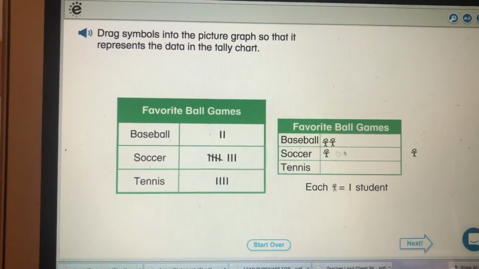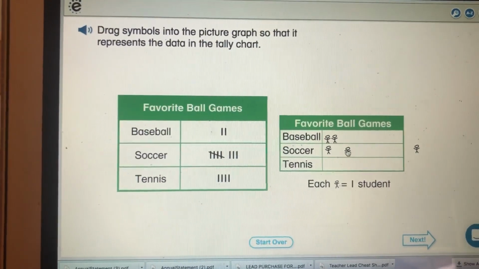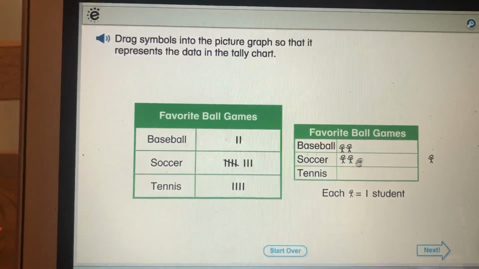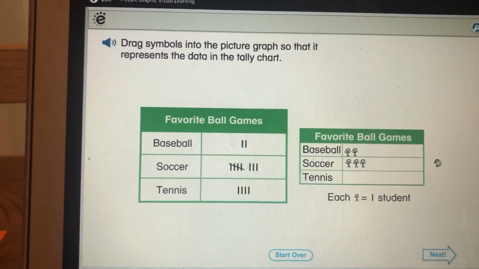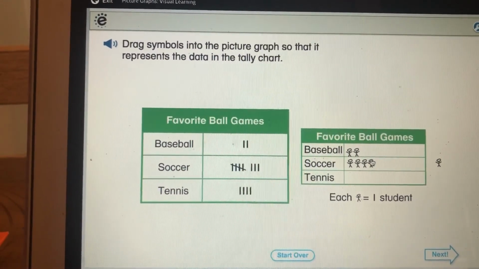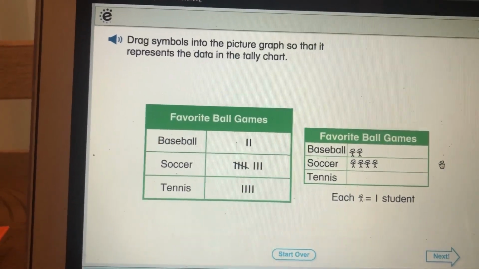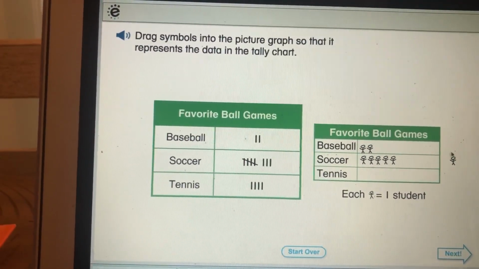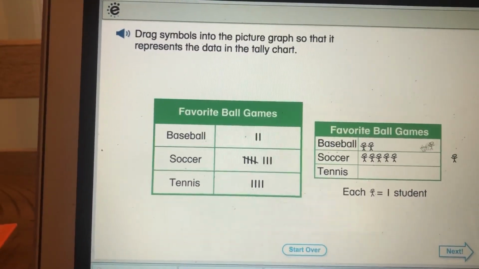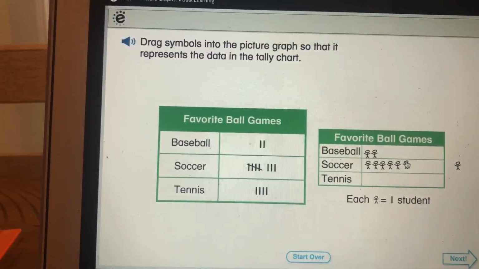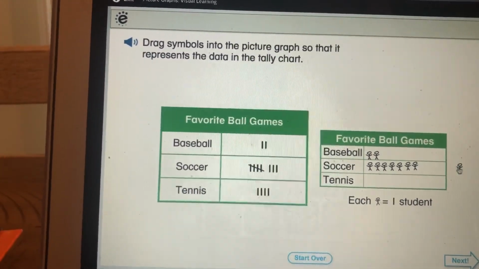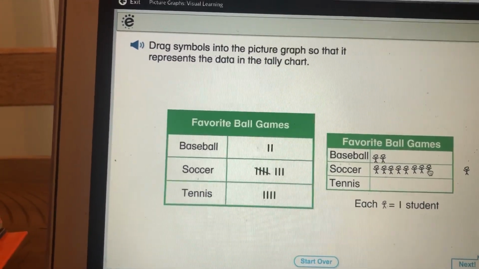When you use a picture graph, it's really important to try to line up the pictures so you can see how much further each number is. So see how the first 2 of baseball line up with my first 2 under soccer? 5, 6, 7, 8.